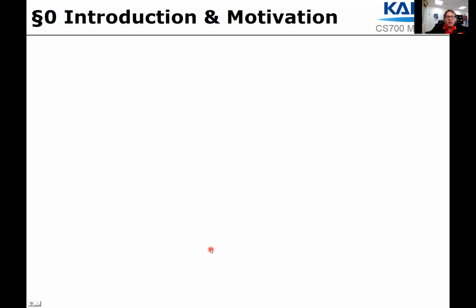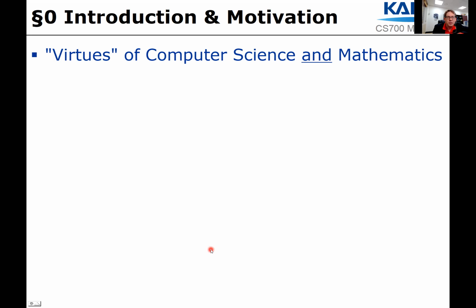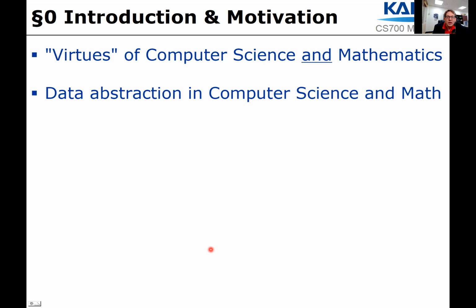So in chapter 0, the introduction, we recalled the virtues of computer science, which happen to coincide or be very similar to the virtues of mathematics. We discussed the practice and benefits of data abstraction in computer science and mathematics and compared their similarities, such as information hiding and specification, or in mathematical terms, axiomatizing data types.